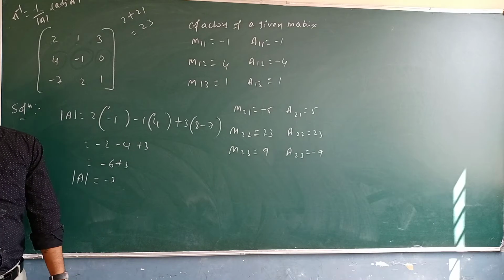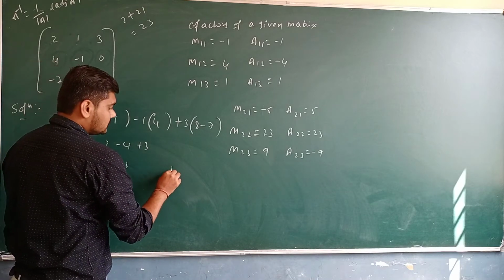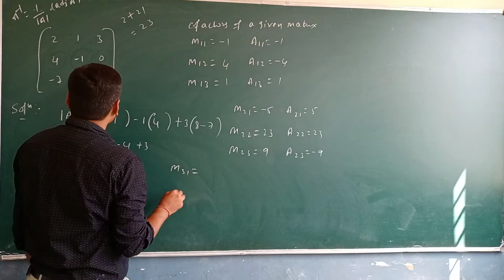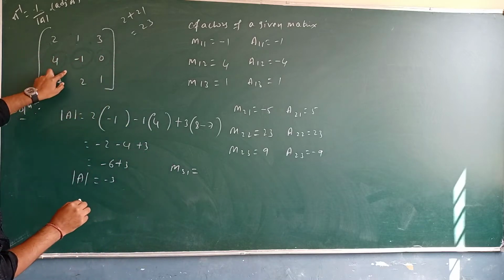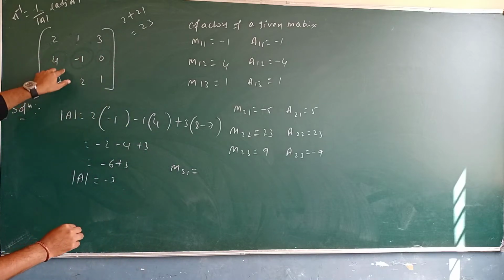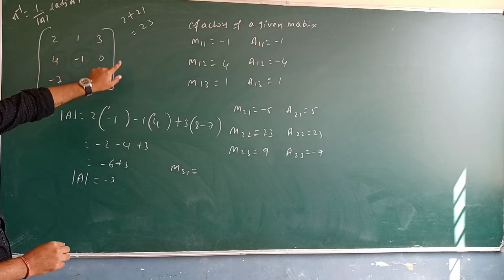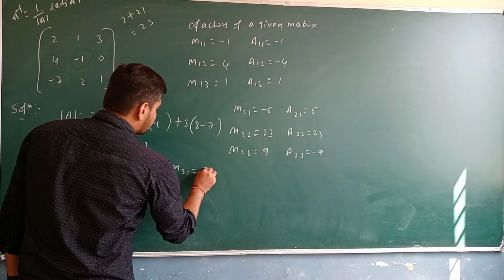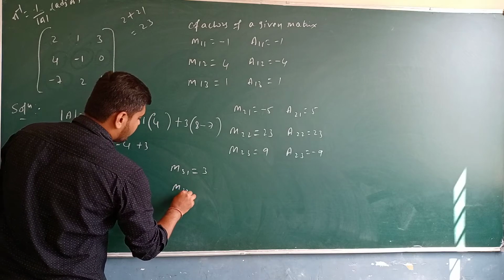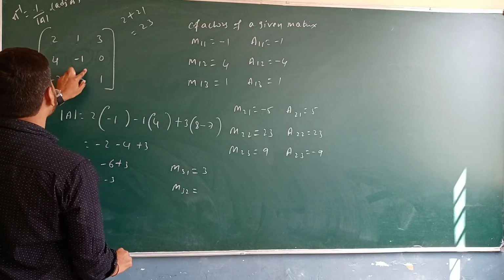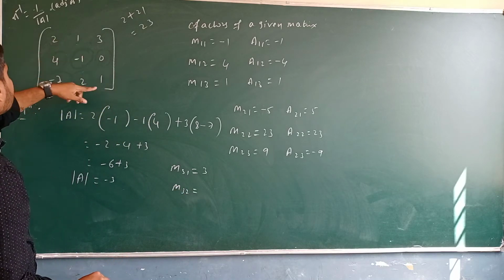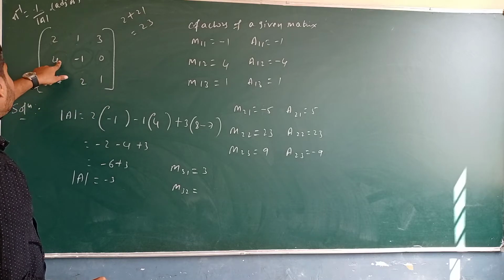Okay. So then M31, we need to find the minor of this element. That's going to be 1 into 0, so minus of minus 3, that's going to be plus 3. Then M32 for this element, we need to neglect the corresponding column, then minus 12.